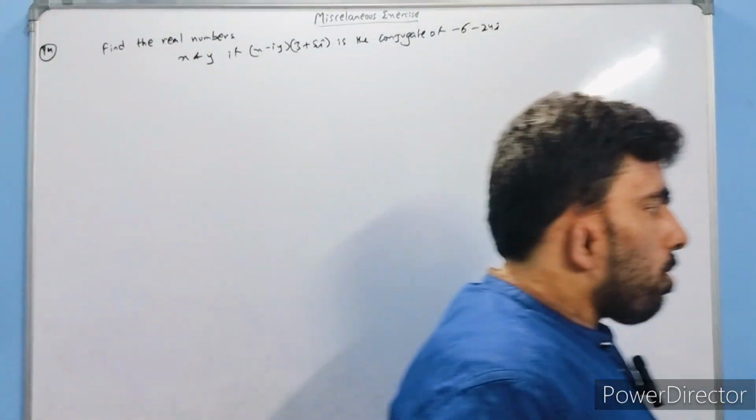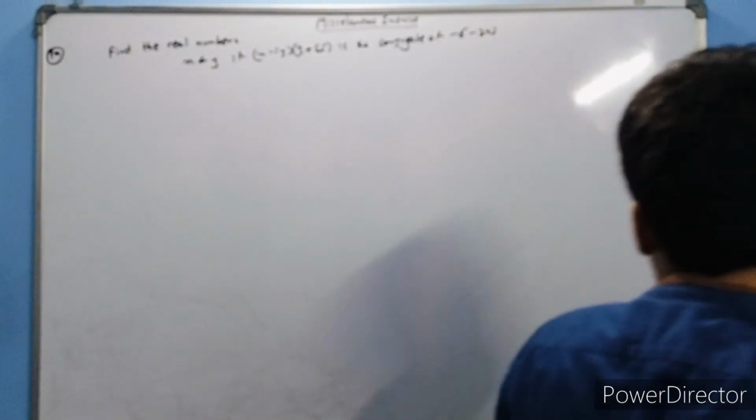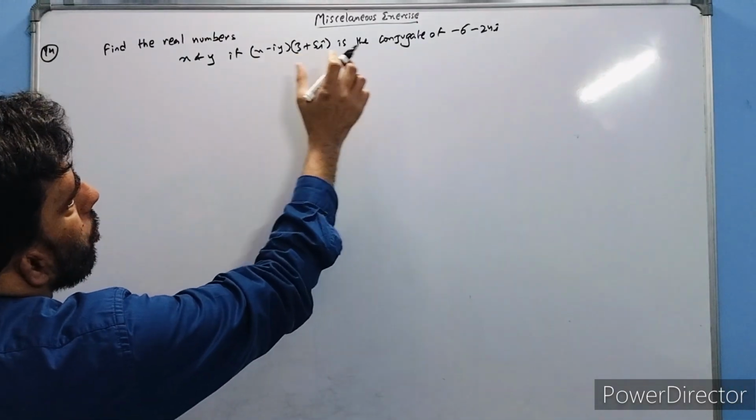Okay, so let us try to find the real values of x and y. What they have given is that this is the conjugate of this. So (x plus iy)(3 plus 5i) is the conjugate of this.